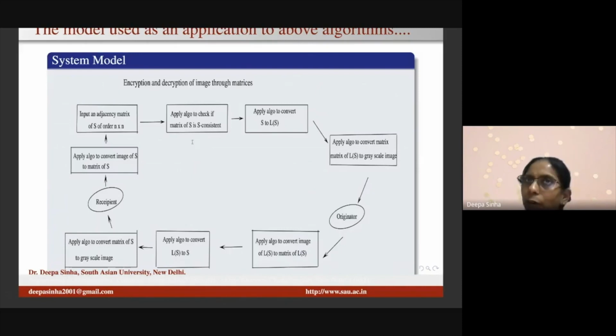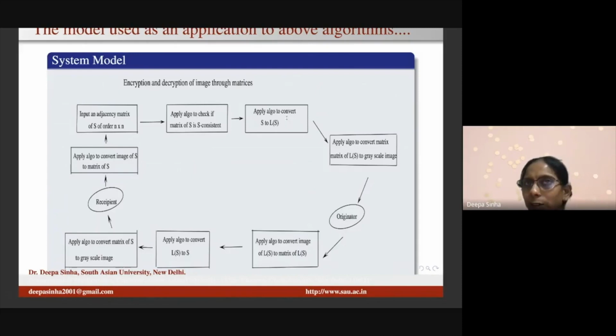There is an algorithm to go from S to LS, and to come back from LS to S. Okay, so the next step, the person will not transfer it like this; he will convert this matrix into an image form.